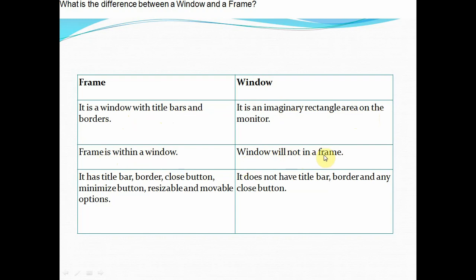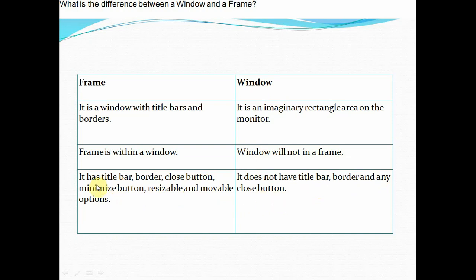Window will not be in a frame, but frame is within a window. It has title bar, border, close button, minimize button, resizable button, and movable button. But window does not have title bar, border, or any close button. So simply this is an imaginary rectangular area not having title bar, border, or any close button.